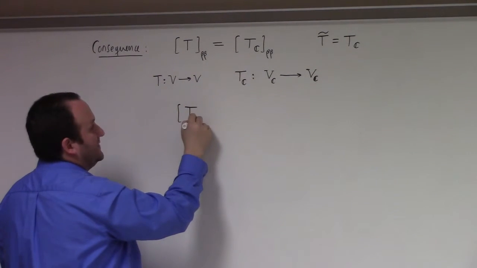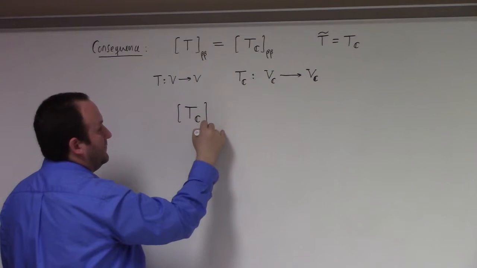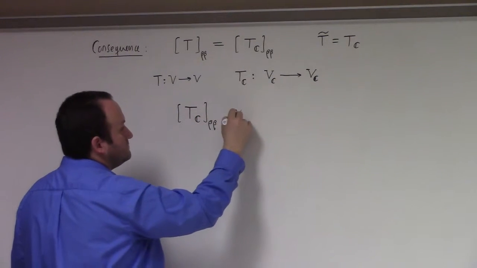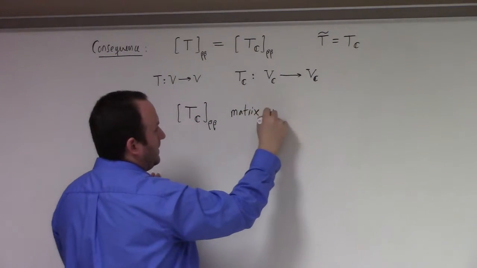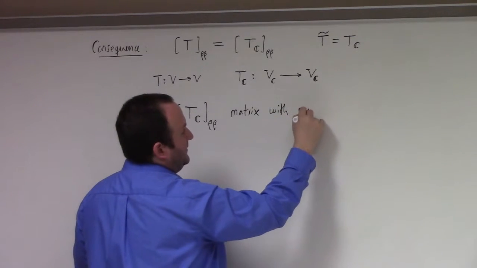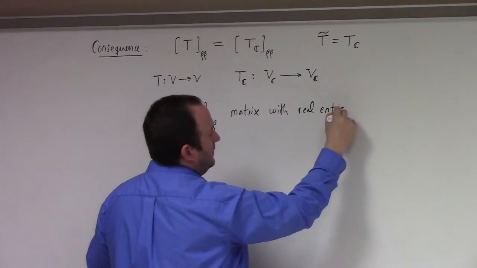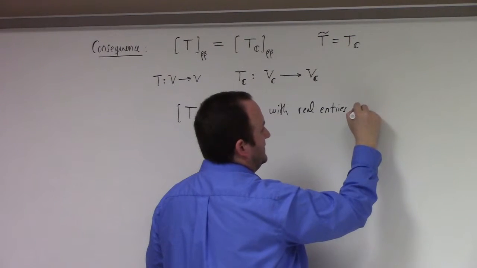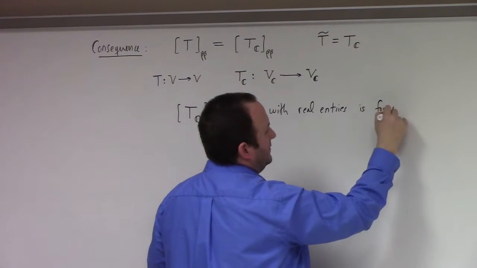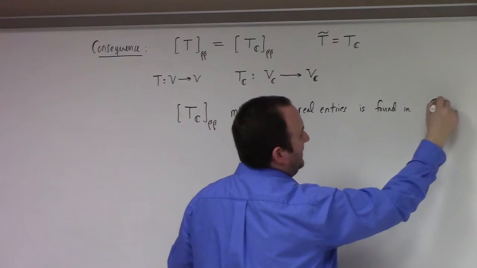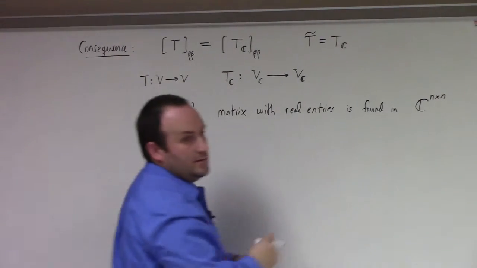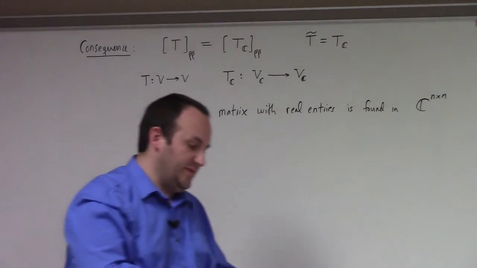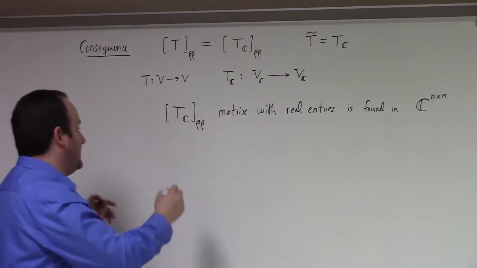It's true that this is going to be a matrix with real entries, but it's found in C n by n. This is important because this allows me to make the following definition.